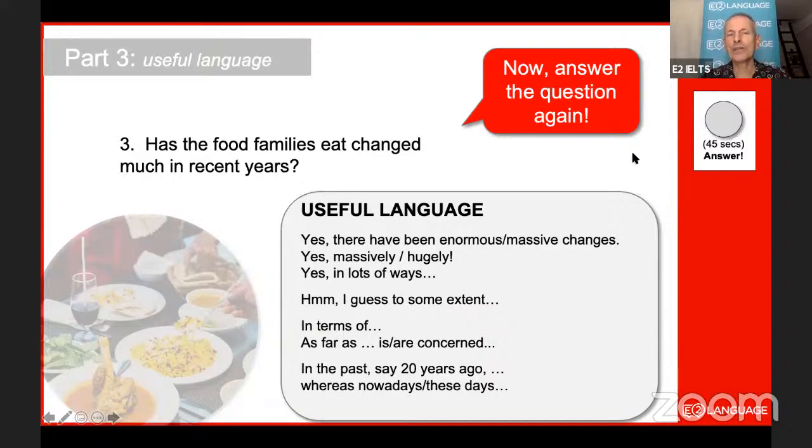Let's answer the question again. Has the food that families eat changed much in recent years in your country? Give it a go.